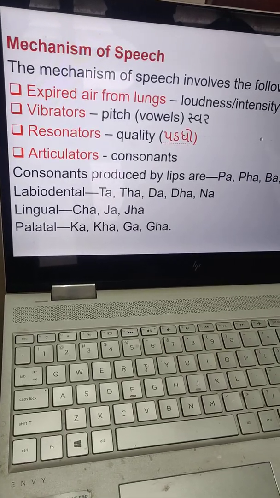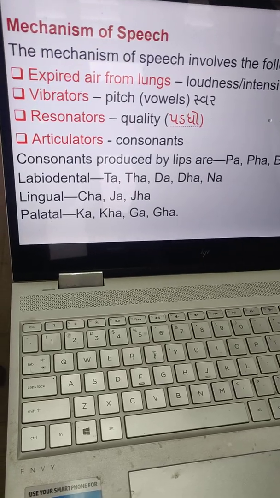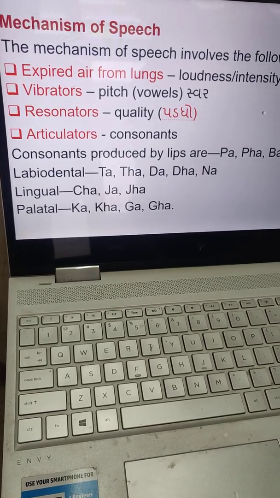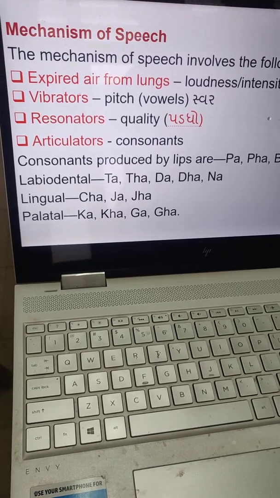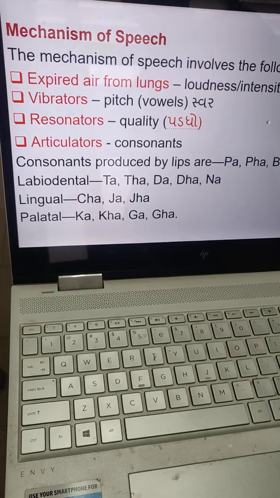The resonant sound is altered by the surrounding structures, the pharynx, nasopharynx, and soft palate, which resonate the sounds.